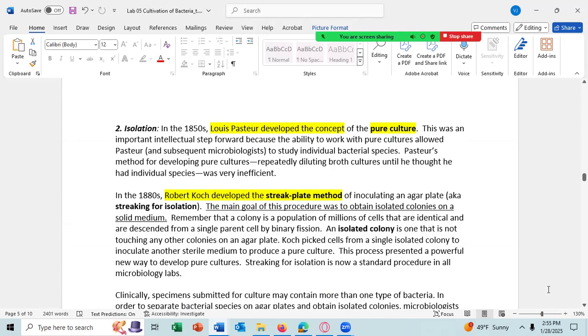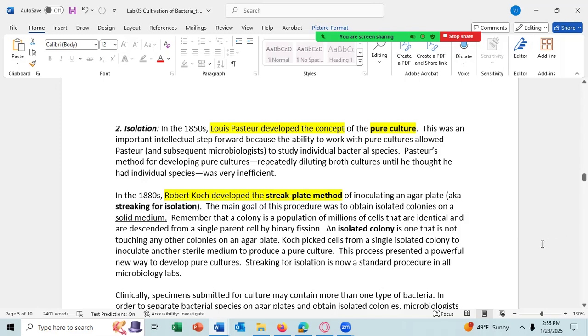What he did was he took a liquid growth of culture and then diluted it, replica plated it 10 times, diluted that one more time, replica plated that dilution 10 times, diluted that dilution another tenfold, and then made 10 replica plates of that. So he made a series of different dilutions and then replicated each of those dilutions 10 times.